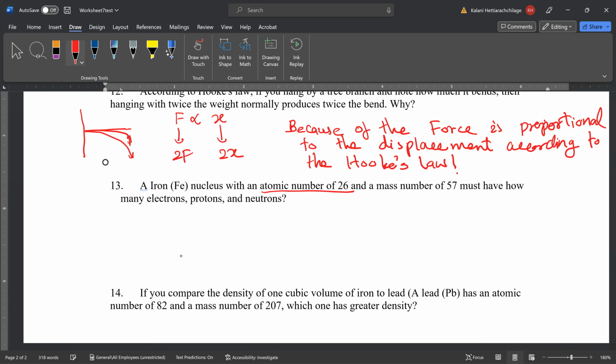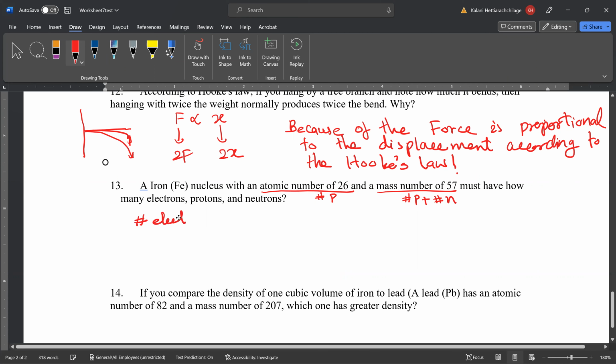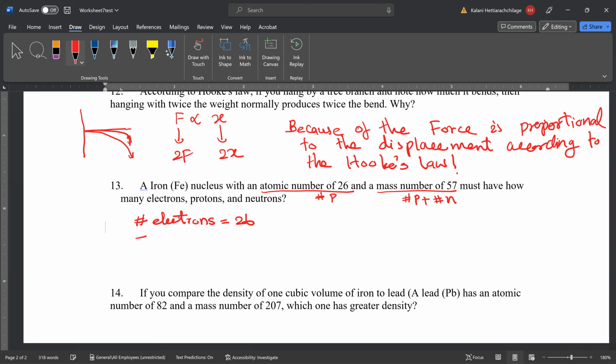You need to remember that atomic number is the number of protons, and mass number is the number of protons plus the number of neutrons, right? So how many electrons? The number of electrons equals 26, because the number of electrons and the number of protons are the same.